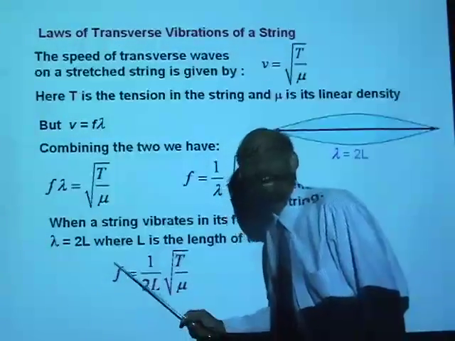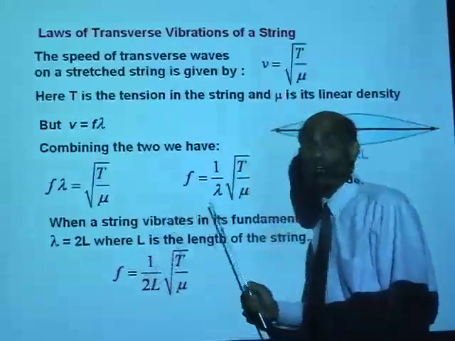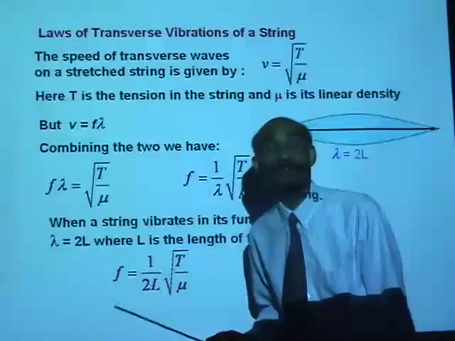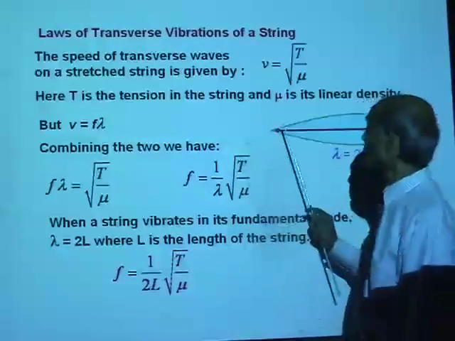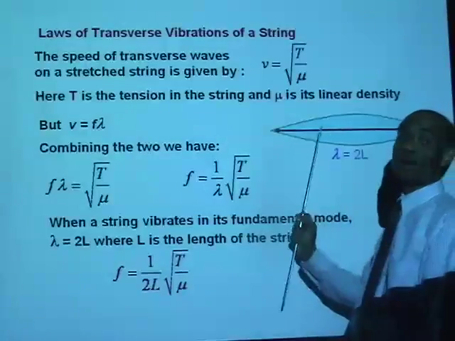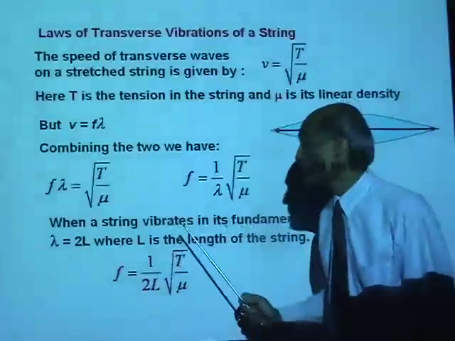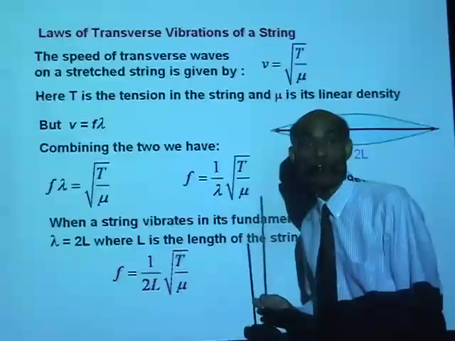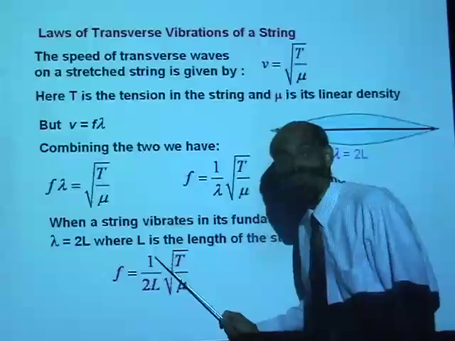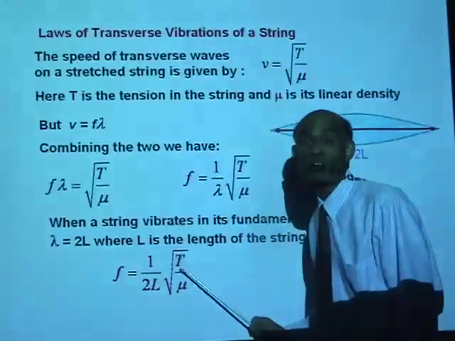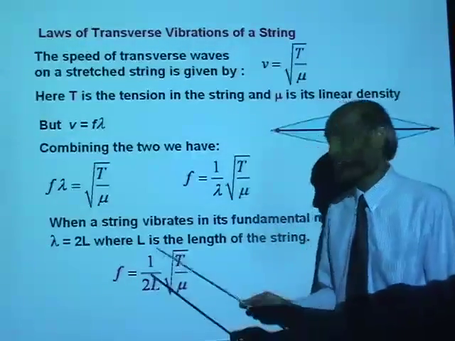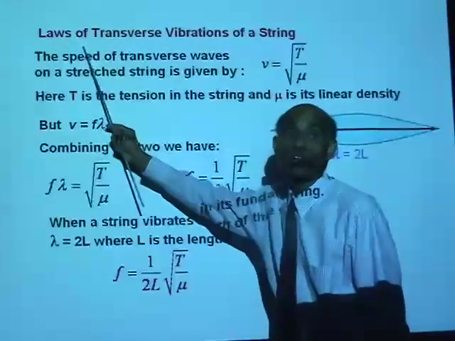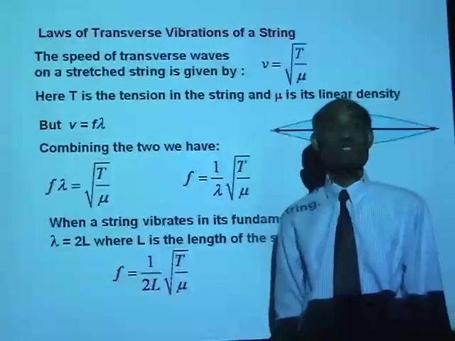Tell me, what does this F represent? Because we replaced lambda by 2L, this is the frequency of the fundamental mode, the frequency of the string when it vibrates in one segment. So the frequency of the fundamental mode of vibration of a stretched string is 1 over 2L square root T over mu. Now, this equation can be used to describe the laws of transverse vibrations of a string.